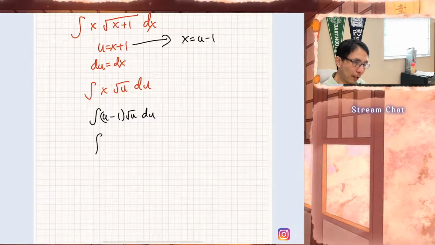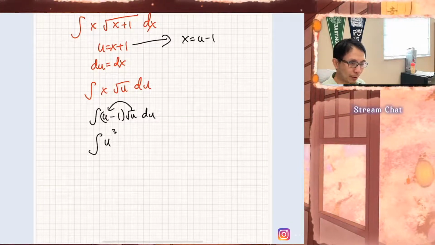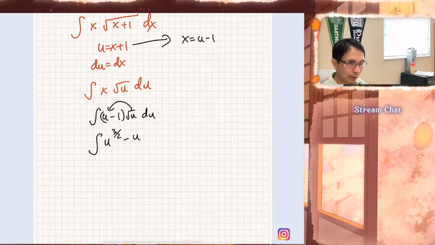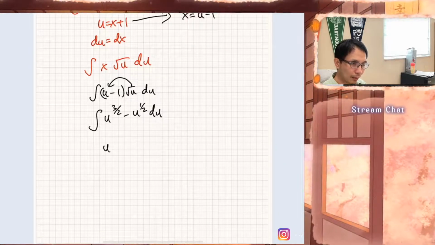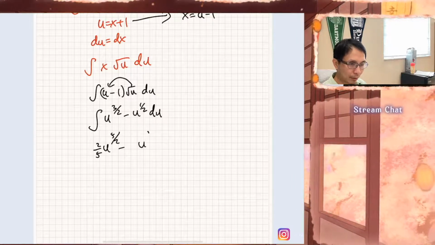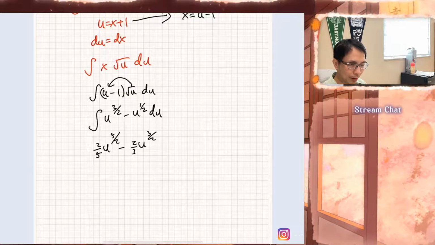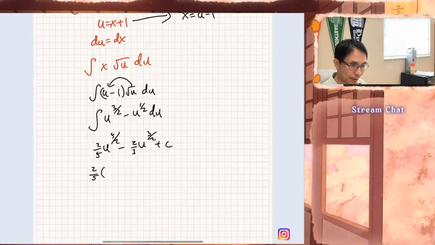So therefore, this one can distribute backwards, so it's going to be u to the 3 over 2 minus u to the 1/2 du. And this one's u to the 5 over 2, times 2 over 5, minus u to the 3 over 2, times 2 over 3, plus c. And there we go, that is your answer.